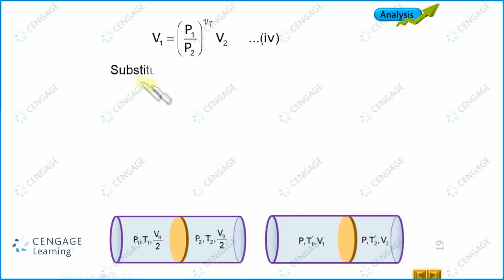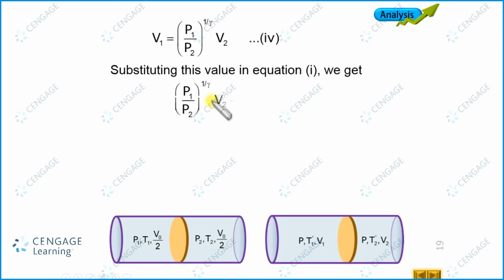So this is the final equation. Now we can take V2 as common. If we take V2 common, the bracket term will be (P1 by P2) to the power 1 by gamma plus 1, that is equal to V0.